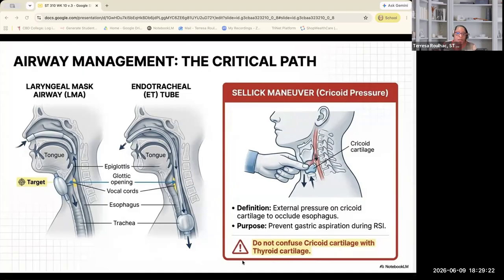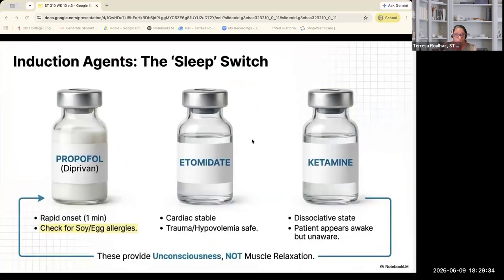Okay. Now that we've reviewed how the airway is protected, let's look at what happens physiologically as anesthesia progresses and the different medications that we use. So we have what's called the sleep switch. These are called induction agents, right? Their job is pretty straightforward.